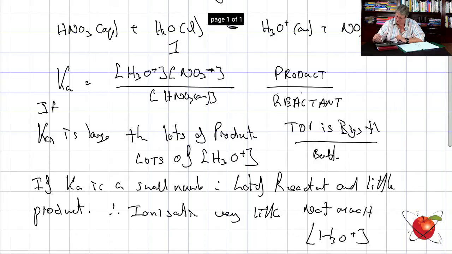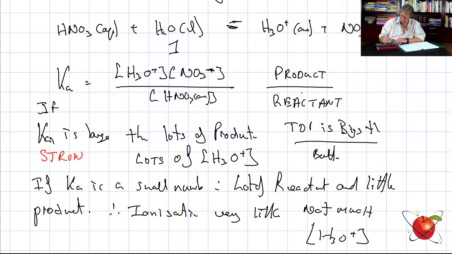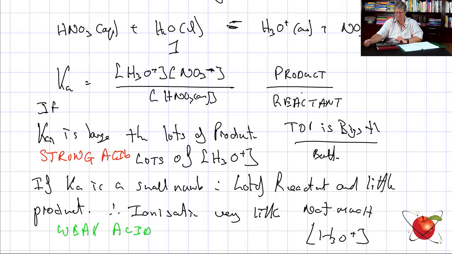Now we make our definition. The one with a large Ka we call a strong acid, and the one underneath, let's change it to green, is going to be a weak acid.